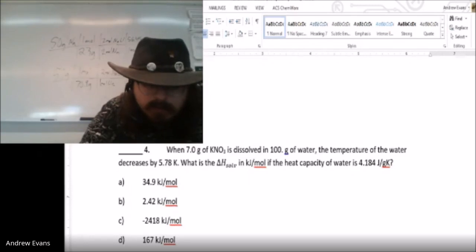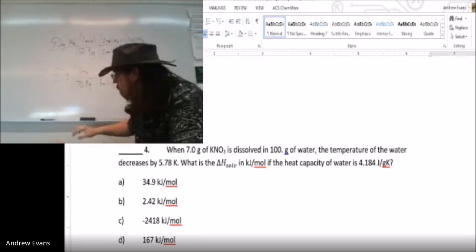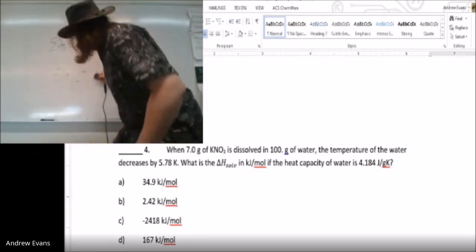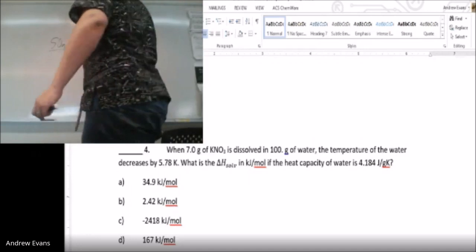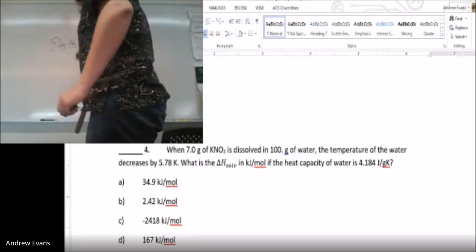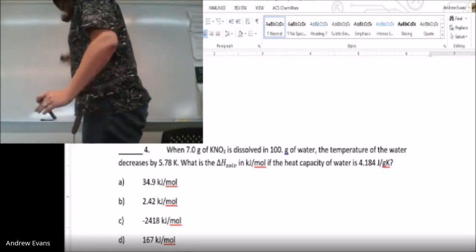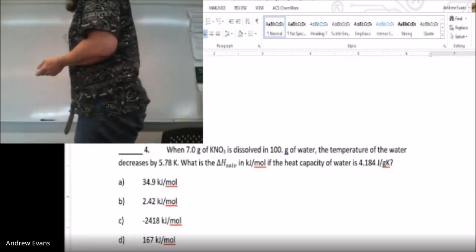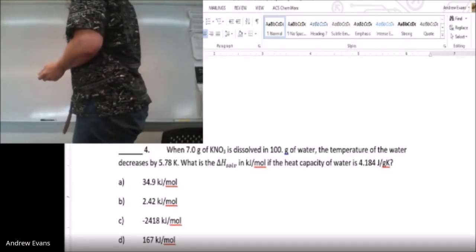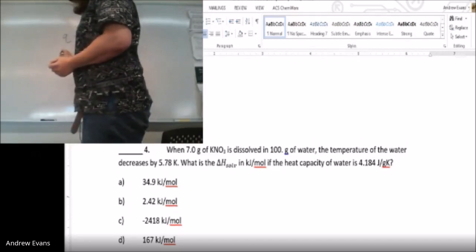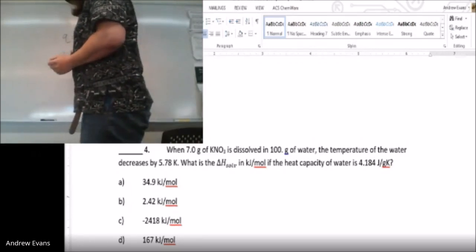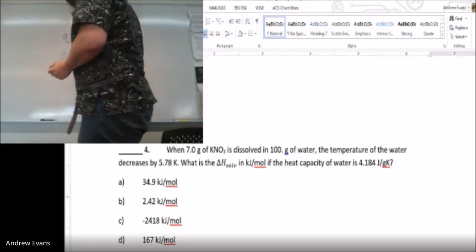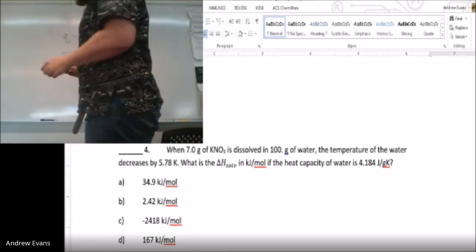So the water decreases. So Q equals MC delta T, and then delta H solvation is equal to negative Q divided by the moles.